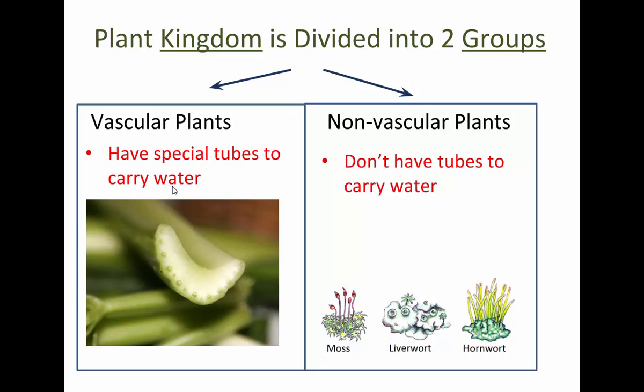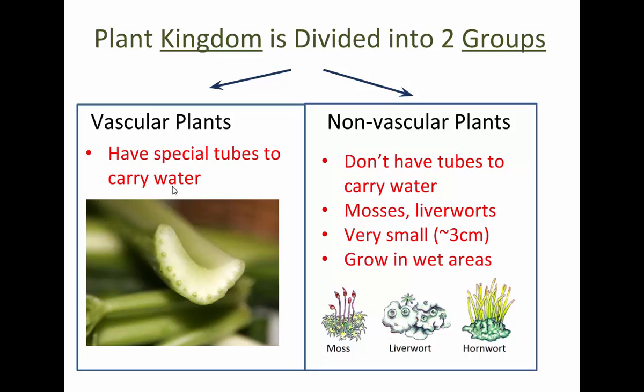So the non-vascular plants are usually pretty small because basically every part of the plant needs to be near water. And they generally live in wet areas. You're familiar probably with mosses, which could grow on a rock or on a log. Mosses are non-vascular plants. You would find moss in a wet area.